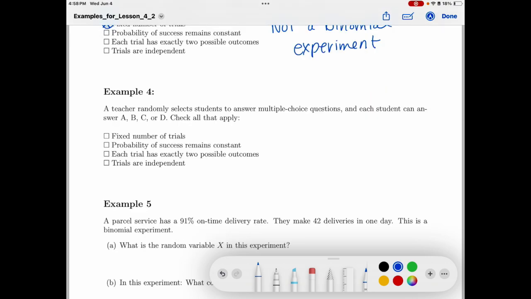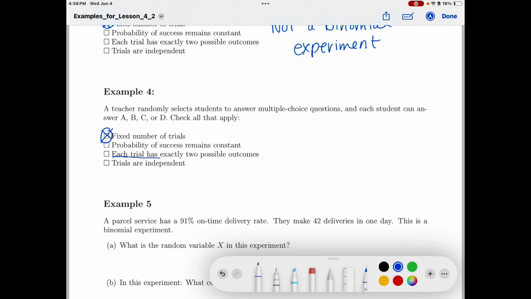Okay, let's look at example 4. It's the last one of these. A teacher randomly selects students to answer multiple choice questions. Each student can answer A, B, C, or D. Check all that apply. This doesn't indicate how many questions there are and how many trials, so this definitely fails.